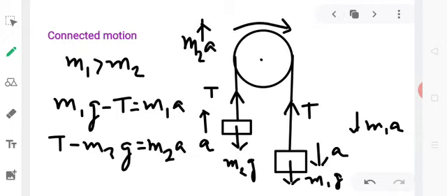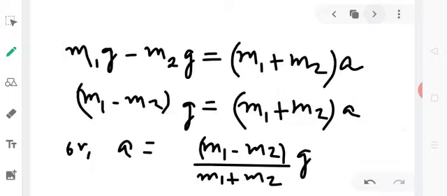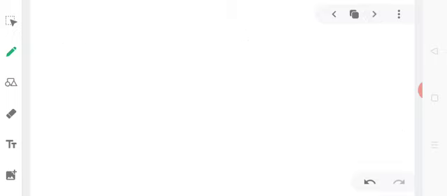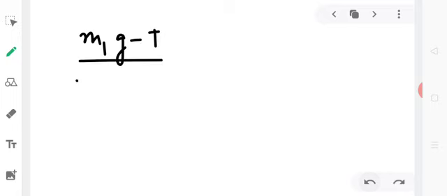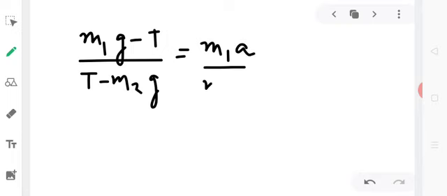Now, if we divide these two equations, then we will get m1g minus T divided by T minus m2g equal to m1a by m2a.